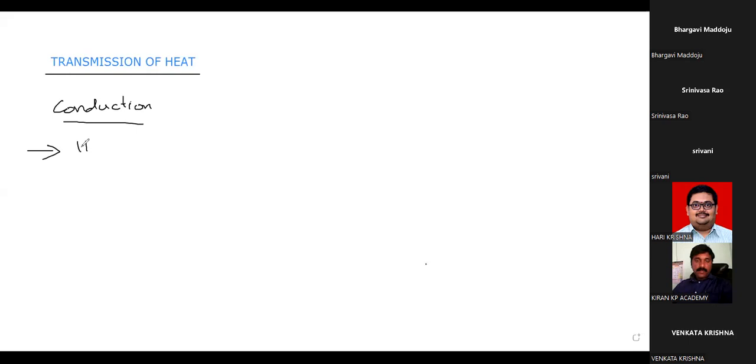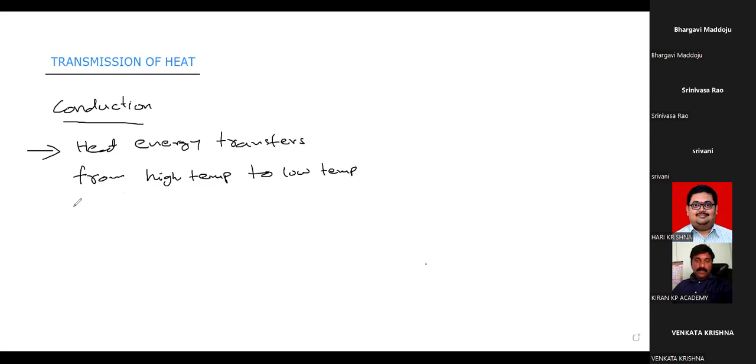Heat energy travels from high temperature to low temperature, without motion of the particles.